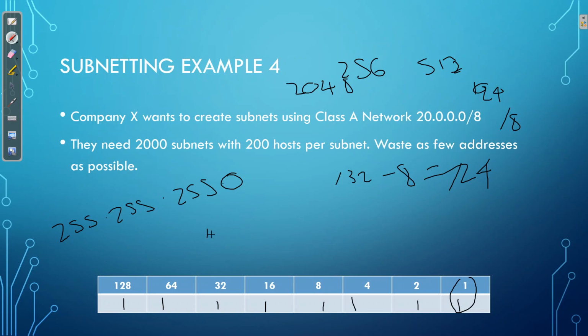So again, we're going to go with the class A network, /8. No, sorry, /24. What am I thinking? And then we're incrementing by 1 in the third octet, because that is what the last binary 1 is. The last binary 1 is in the third octet, and the increment is by 1.